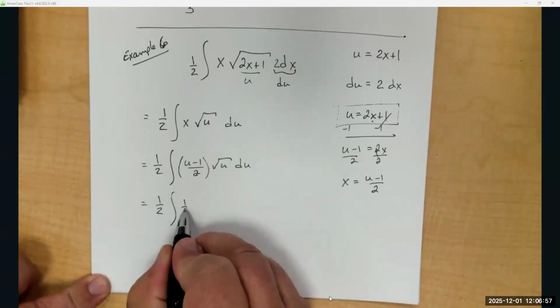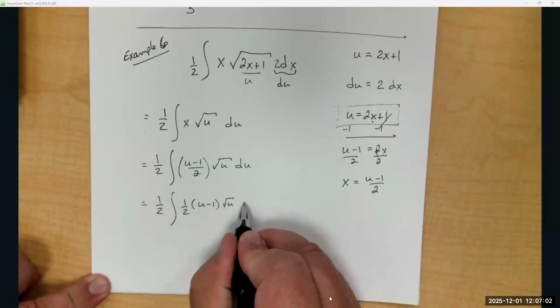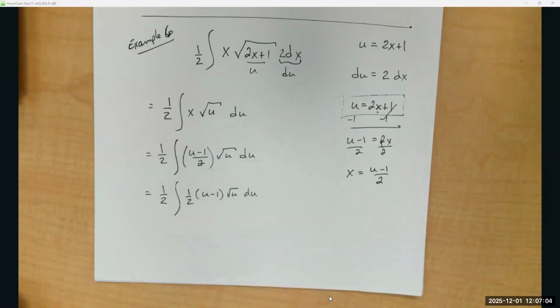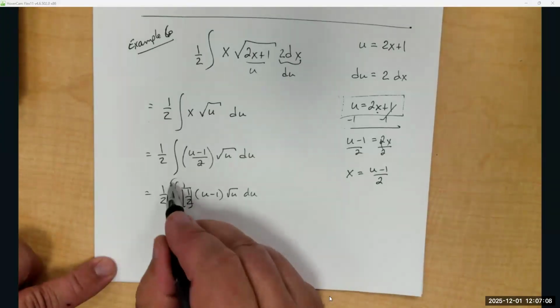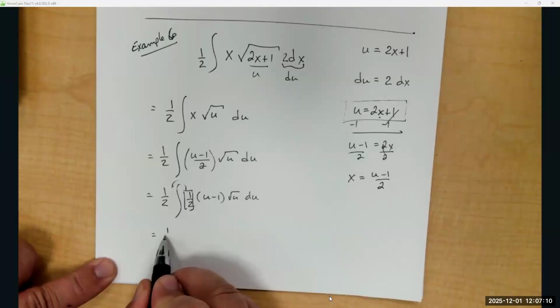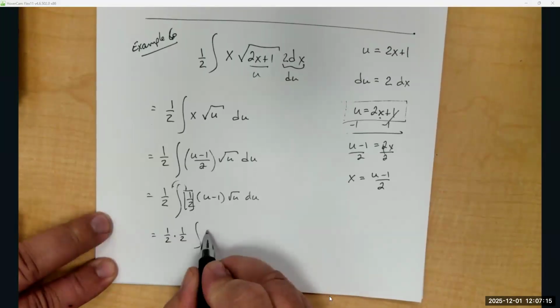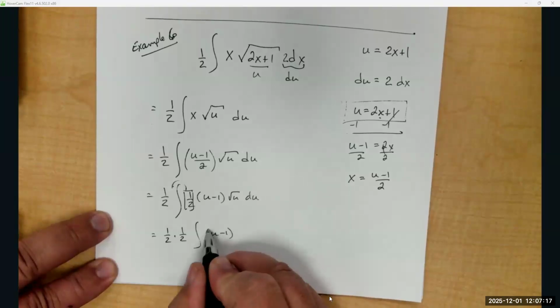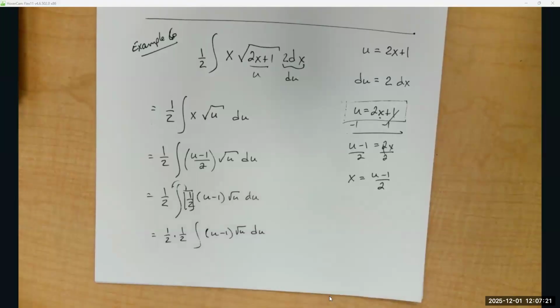This equation is 1/2 times the integral of (u minus 1)/2 square root of u du. So this constant multiple can go back out in front. So 1/2 times 1/2, the integral of u minus 1 square root of u du.